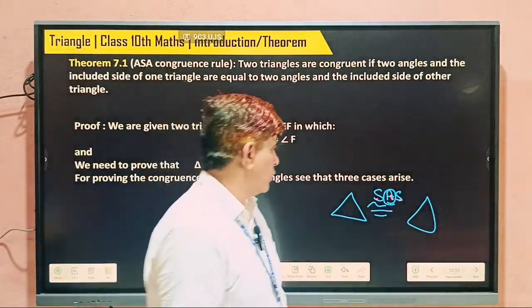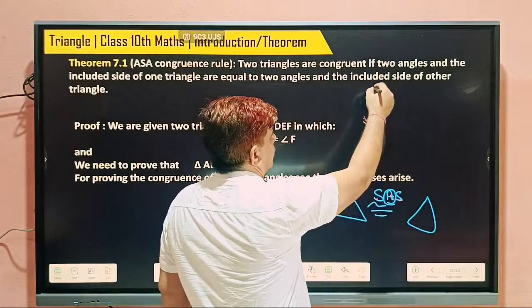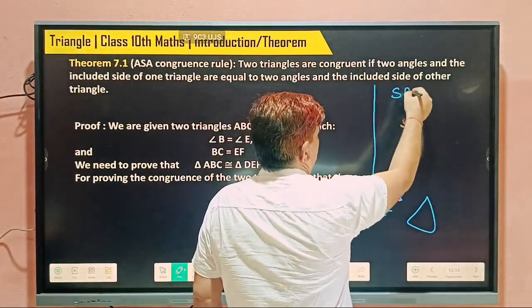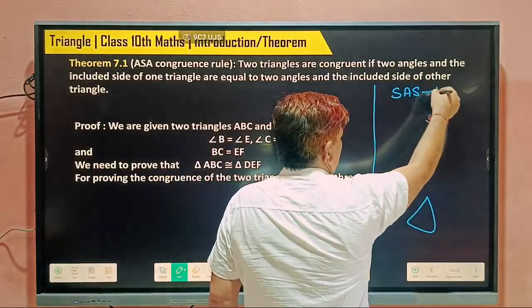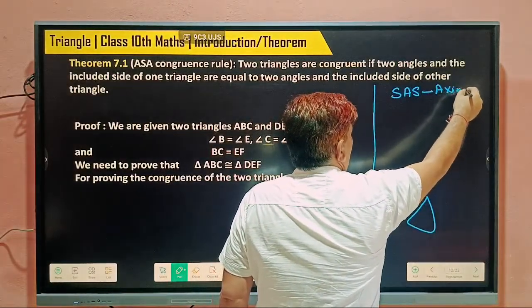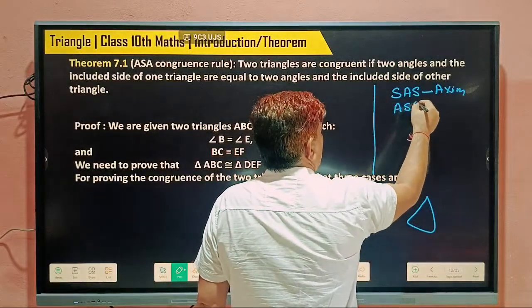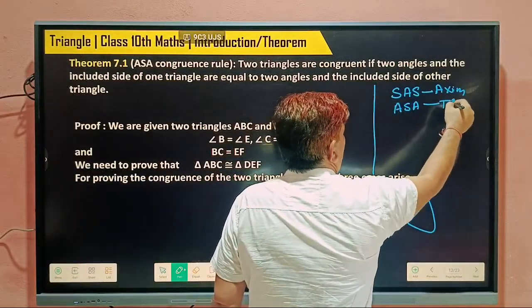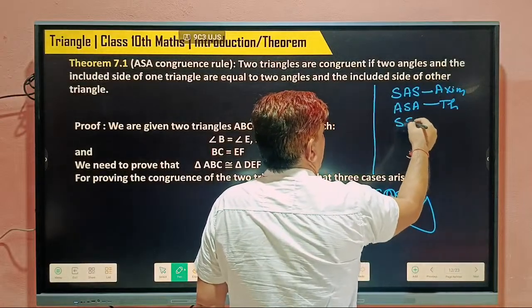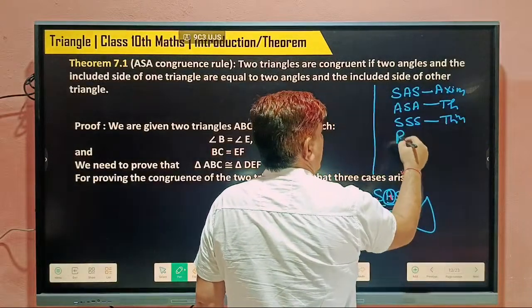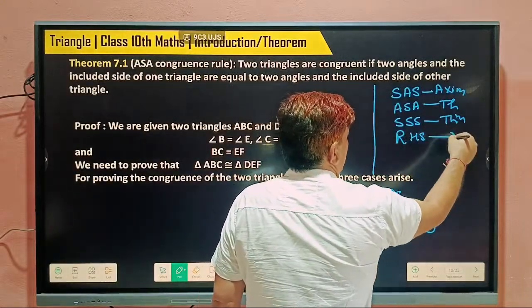So we can take one more theorem. To prove two triangles are congruent, we apply SAS. What is this? Axiom. Then what can we apply? ASA. This is a theorem. Then what? Triple S, SSS. This is also a theorem. Then RHS.